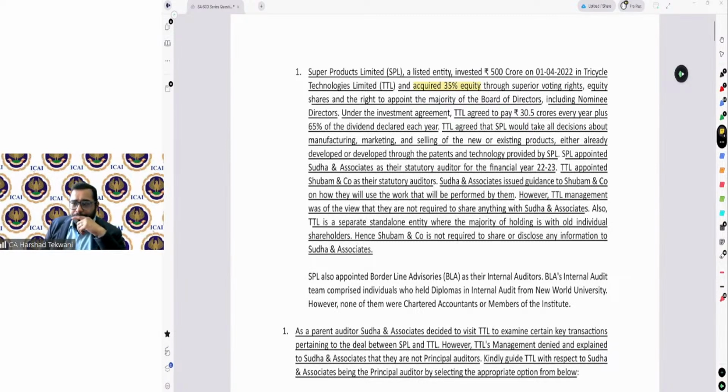And based on what? Or to reframe, is SPL a parent company to TPL?